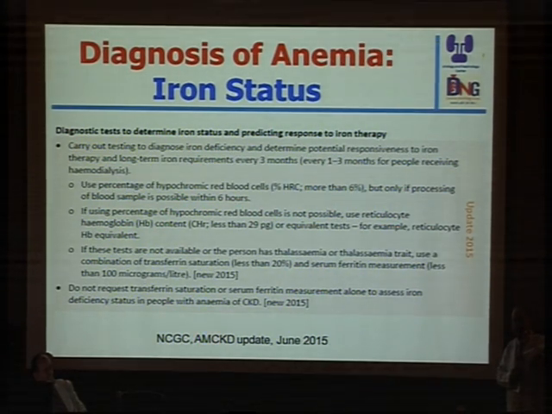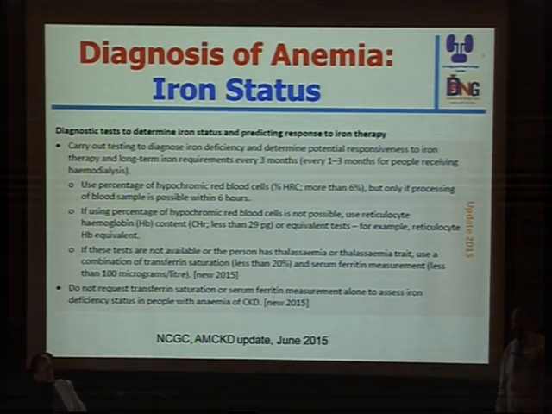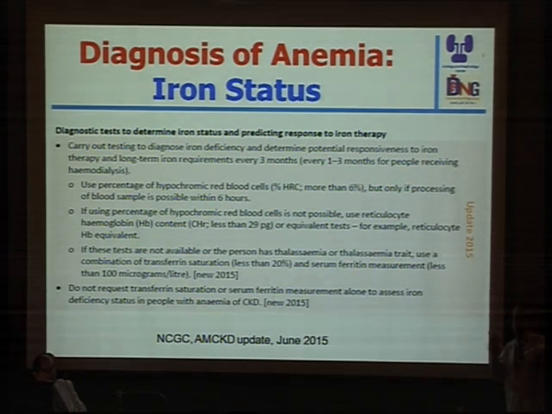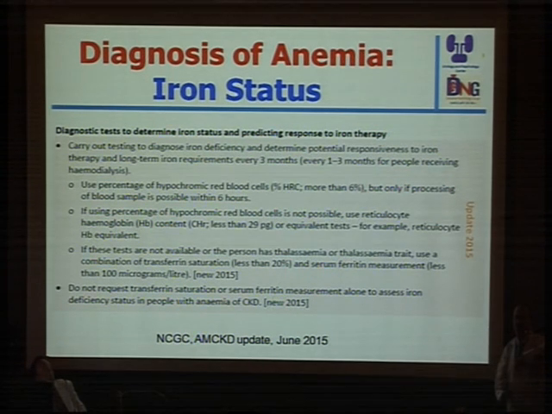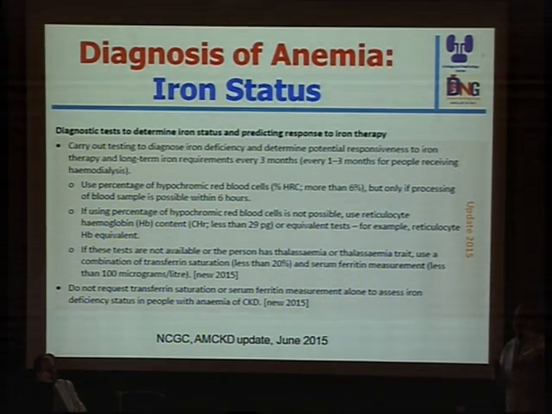So absolute iron deficiency is diagnosed if ferritin is less than 100, and this is in chronic kidney disease, not in the general population, because in the general population, ferritin is quite lower than in chronic kidney disease. In chronic kidney disease, there is a level of low-grade inflammation. This is why we say ferritin is 100.